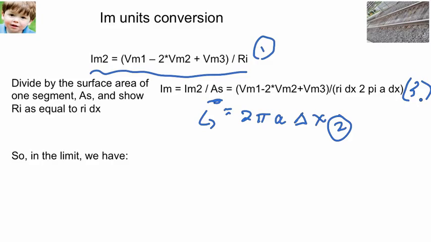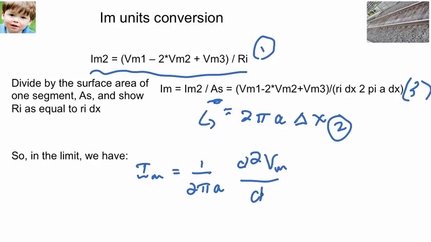In the limit, as delta x grows small, we have Im equals 1 over 2 pi a d squared Vm dx squared, where all of it is evaluated at the point of interest.